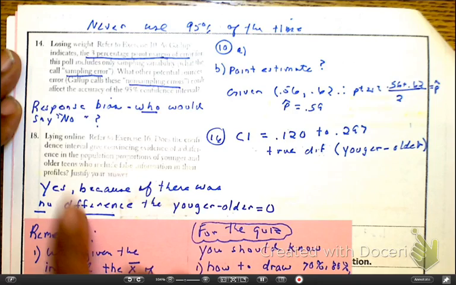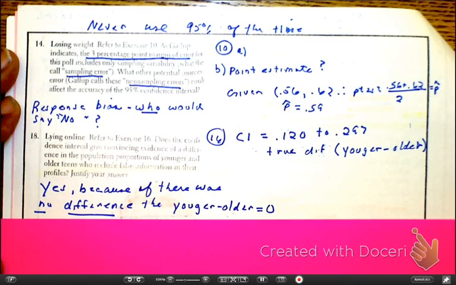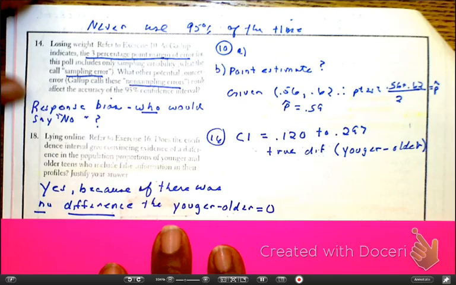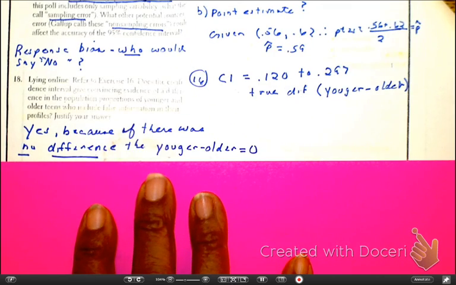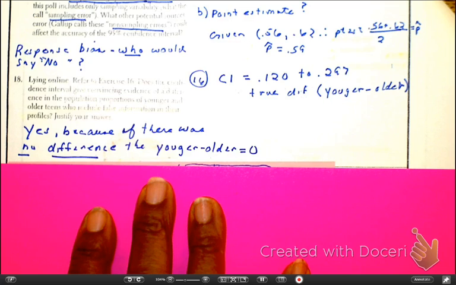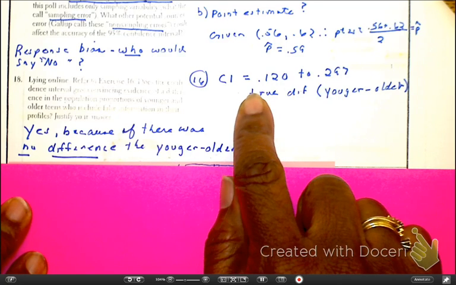Okay, now please take a moment to read over problem number 18. And please notice for 18, you've got to refer to problem 16. Problem 16 is referring to Facebook information, how teenagers give false information on their profiles. So here was the confidence interval.